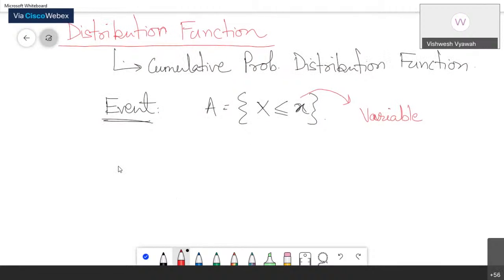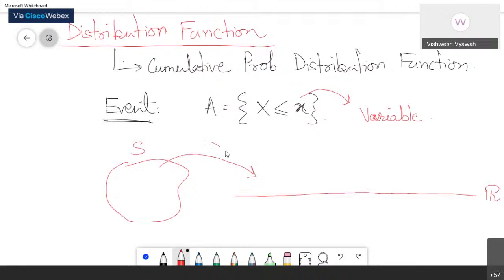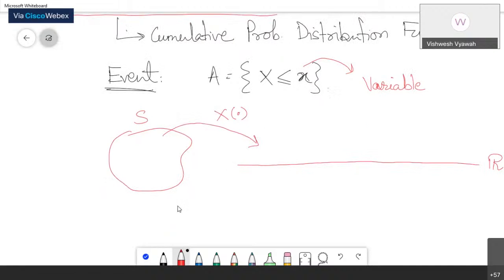This is your sample space. This is your R, and you have this random variable X defined here. Now, if you are talking about an event X less than or equal to 0, this is your 0. What will this be on the real line? It will be this particular part. Do you agree?